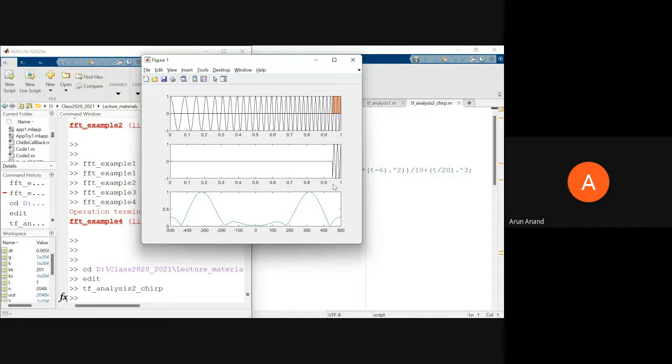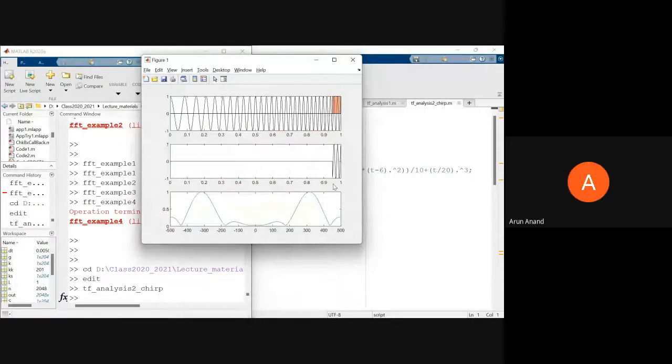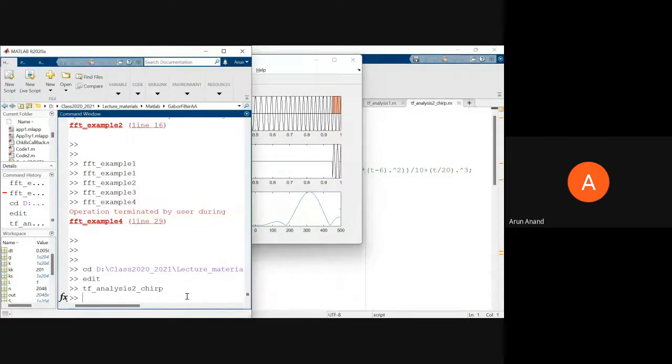Is it clear to you? Yes, sir. Then let us run it again.